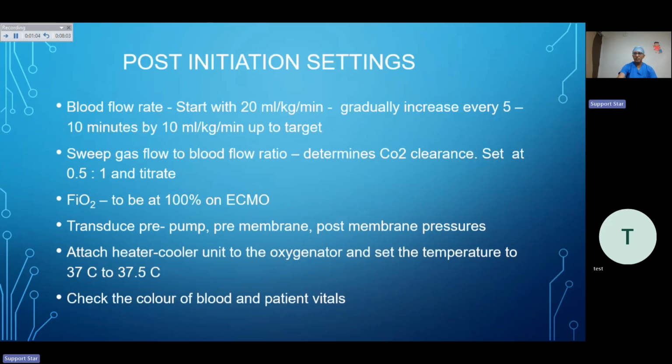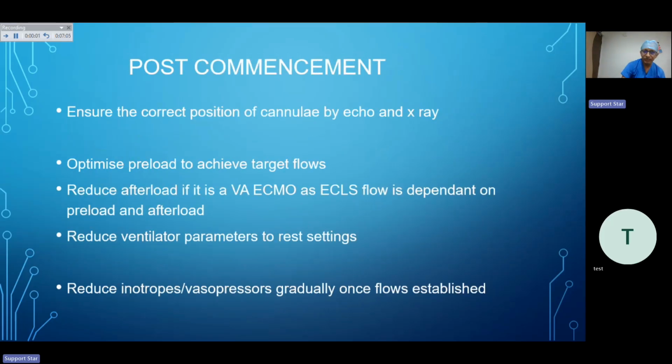The pre-membrane and post-membrane pressures are before and after the oxygenator, and the difference between them is called delta pressure. We have a baseline pressure which we monitor to see whether it is increasing or decreasing, and based on that we conclude whether the oxygenator is working properly or not. We are not going into the details of all those things right now, but we will go through the rest of the details of VV and VA ECMO.